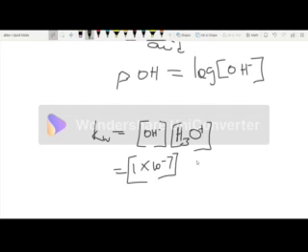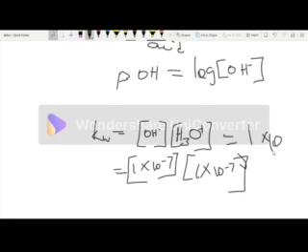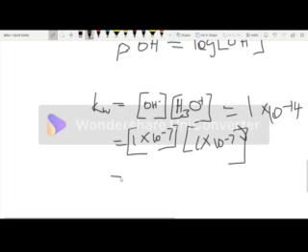Multiplied by what? 1 times 10 to the negative 7. All of this gave us this solution, 1 times 10 to the negative 14, like that. So now here we were left with 1 times 10 to the negative 14, right? Now that's basically what we need to look at. So now we have another solution that we can use for now.